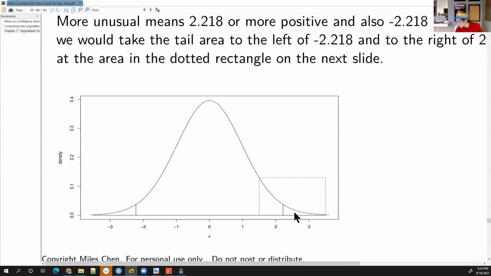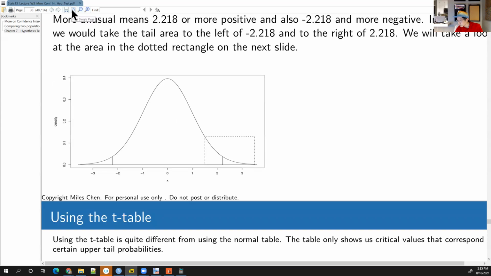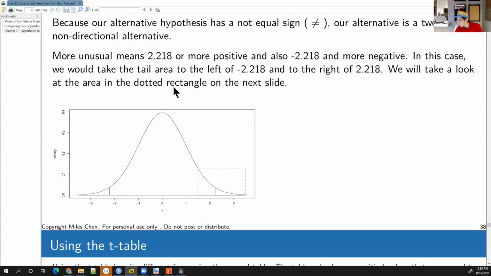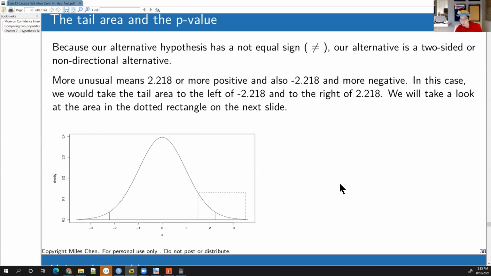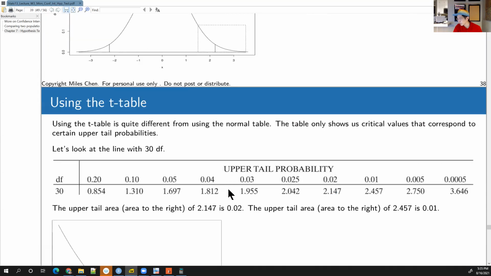So we want the area over here, and over here. I'm going to zoom in right here because I want to explain how the t-table works, because it is different from the way the normal table works. Okay, the normal table is quite different from the t-table. So I'm going to zoom in into this corner of the t distribution.